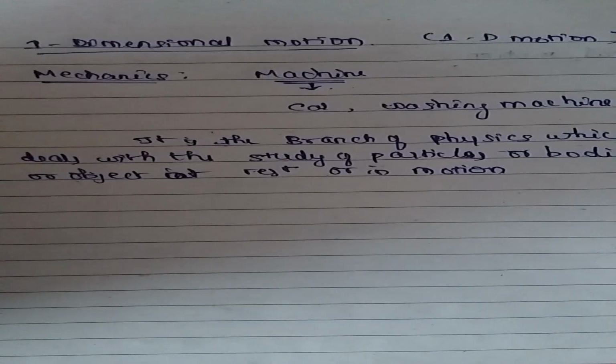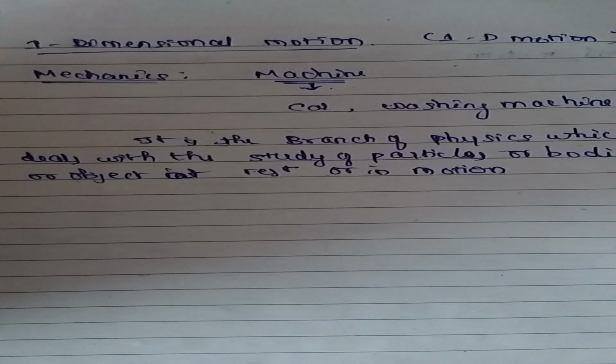From these three examples we can see that there are different types of motion. The different types of motion we can also study under the branch of mechanics. Therefore, mechanics is the branch which deals with the different types of motion along with the cause of the motion.